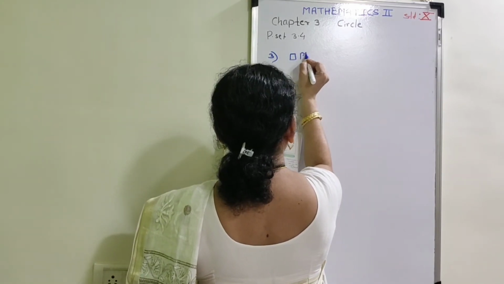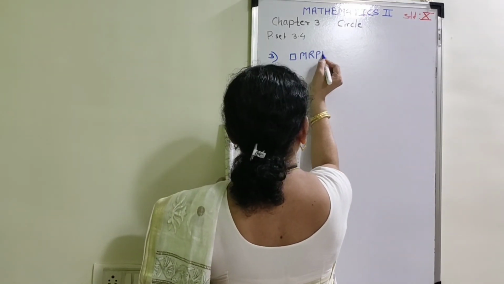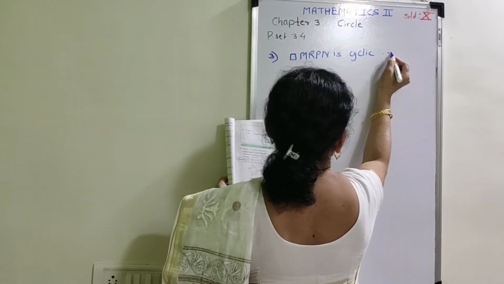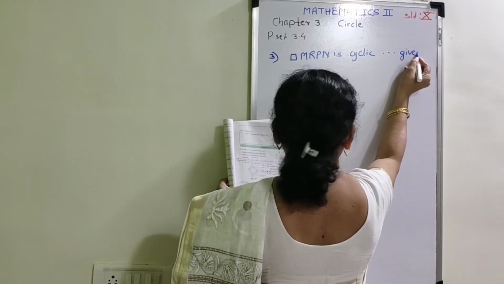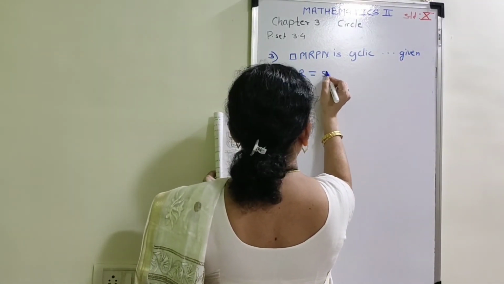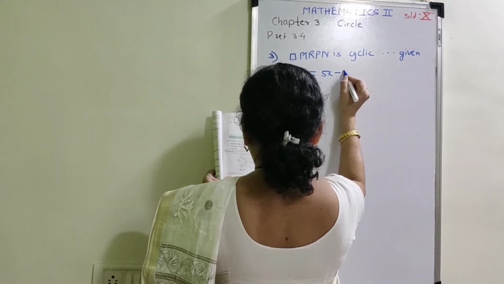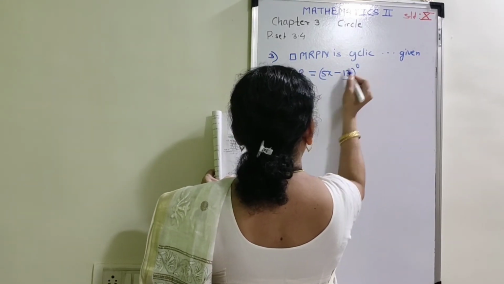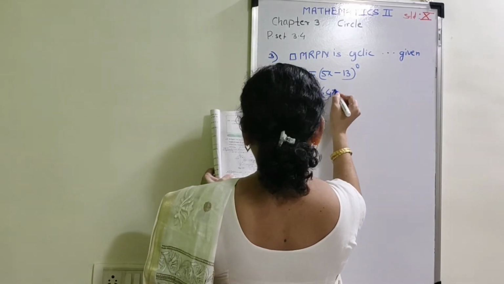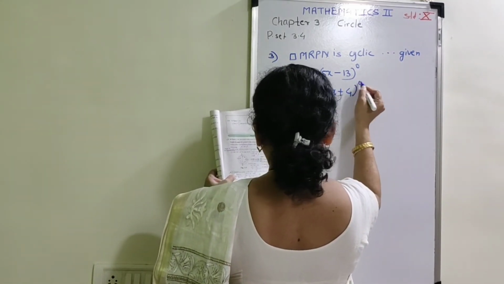quadrilateral MRPN is cyclic. This is given. Also they have given angle R is 5x minus 13 degree and angle N is equal to 4x plus 4 degree.